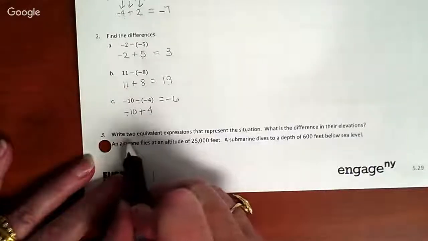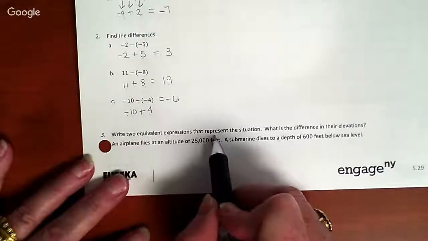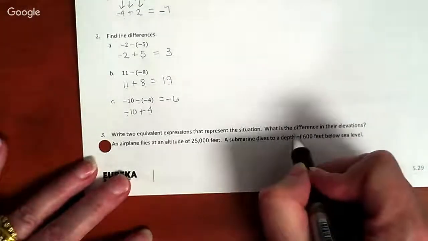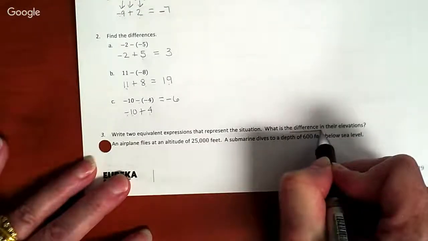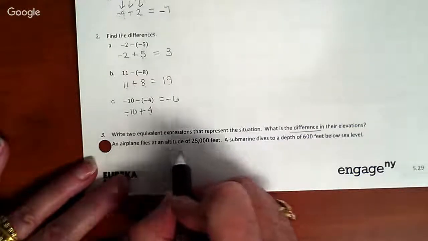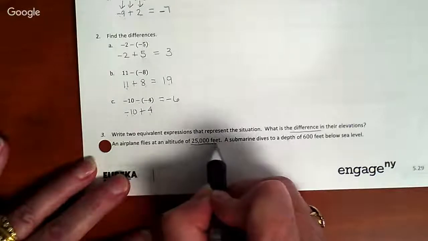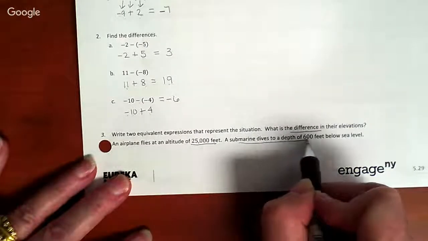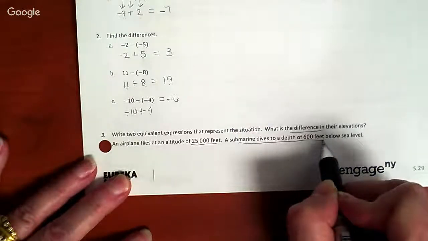So now here it says write two equivalent expressions that represent the situation. What is the difference? That is subtraction in their elevations. An airplane flies at an altitude of 25,000 feet. A submarine dives at a depth of 600 feet.